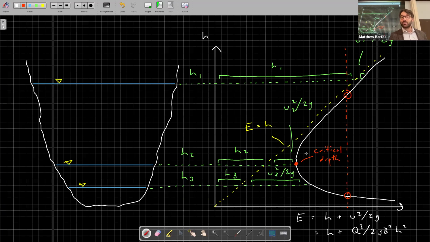If we're traveling along this specific energy curve, anything above this critical depth is subcritical flow, and anything below this depth is supercritical flow.